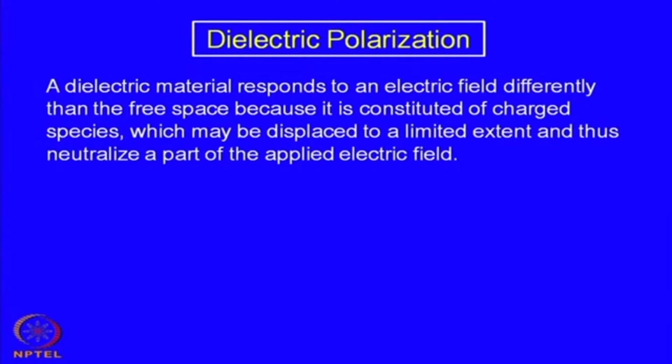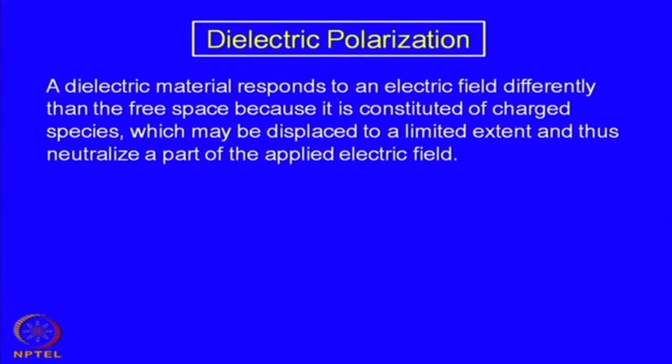As I mentioned earlier, whenever we apply an electric field or energy, the internal constituents of the material respond in a particular manner. In a conductor, the free electrons or free charge carriers move over a larger distance from one end of the solid to the other, whereas in an insulator, they cannot move over a large distance, and that is the property of an insulator.